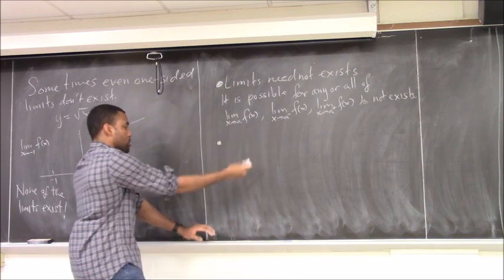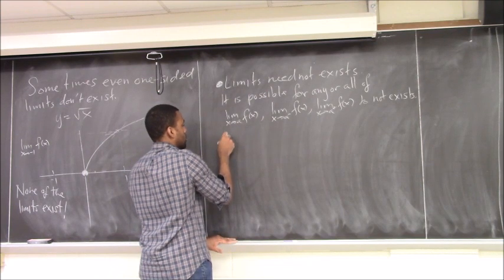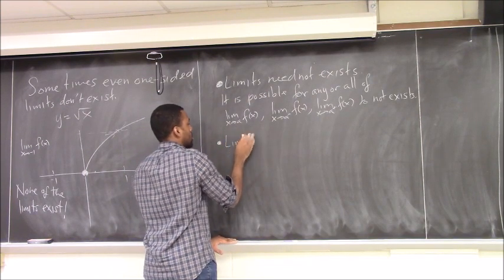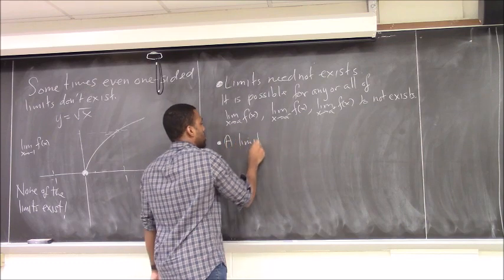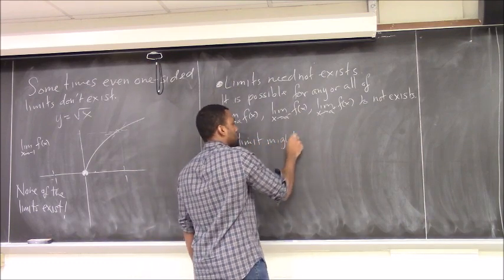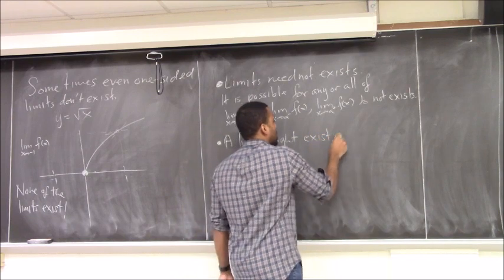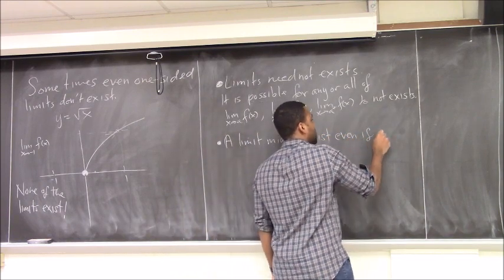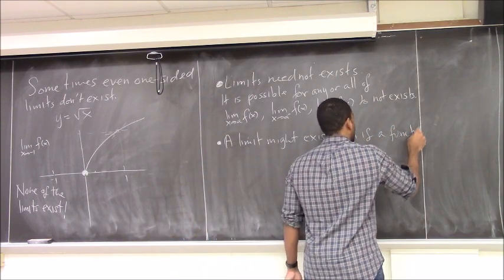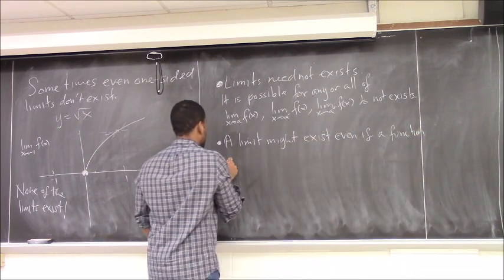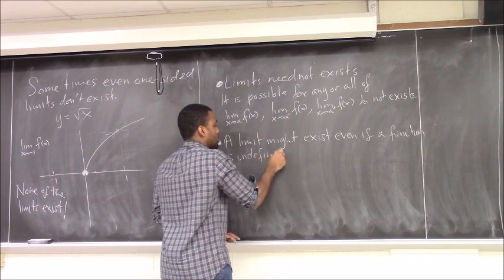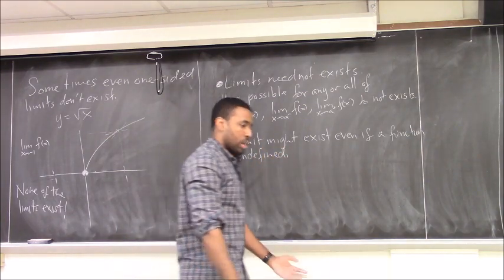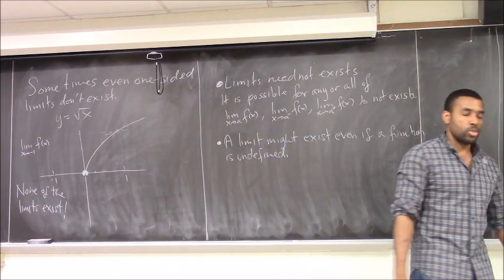Another thing you want to remember is that a limit might exist even if a function is undefined. Right? I did that example of x squared minus 1 divided by x minus 1 was such an example.